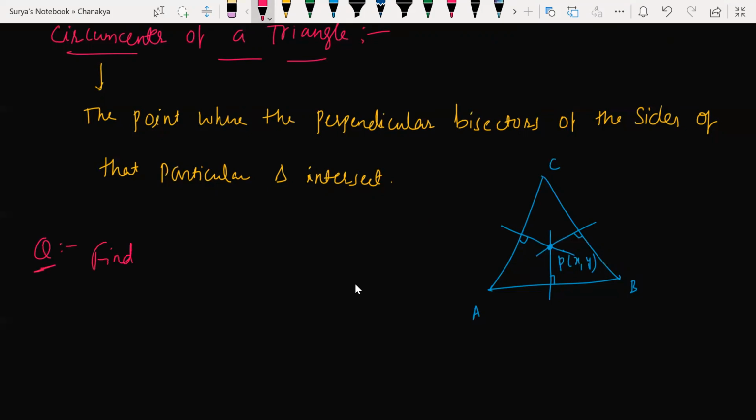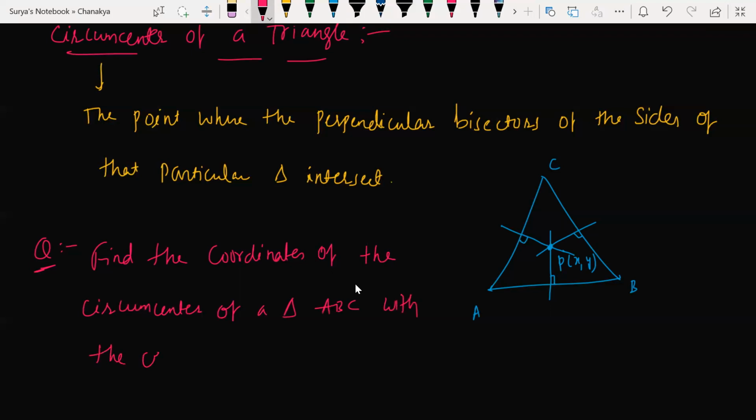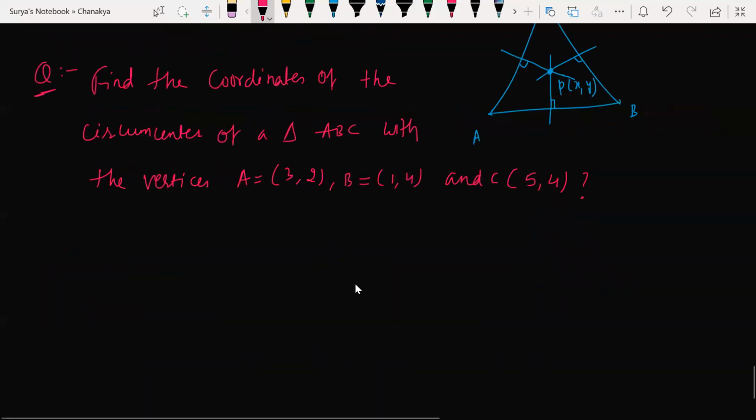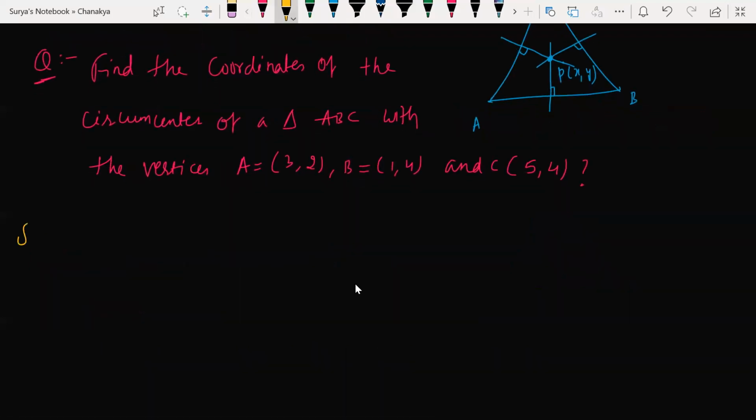Find the coordinates of the circumcenter of a triangle ABC with the vertices A as 3, 2, B as 1, 4, and C as 5, 4. How to find the circumcenter of the triangle?